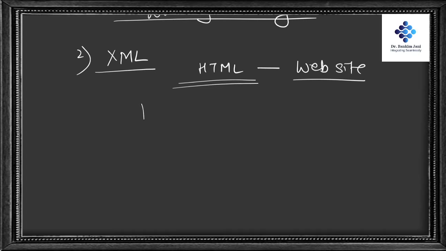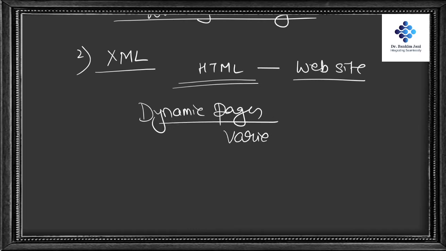There was demand for dynamic pages, and those dynamic pages had several variables whose values were changing, right? And more complex data structures were there.